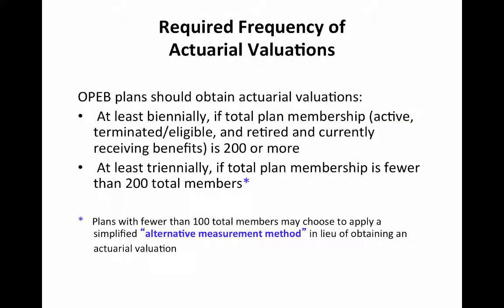These actuarial valuations for OPEB are supposed to be done at least every other year. The standards encourage that they be done annually rather than biennially. If a government has a plan with fewer than 200 total members, meaning not just the active employees, but all of the people who are no longer working for the government, who are eligible or are actually already receiving benefits, if it's smaller than 200 members, then they can use, instead of an actuarial valuation, something that is called the alternative measurement method.